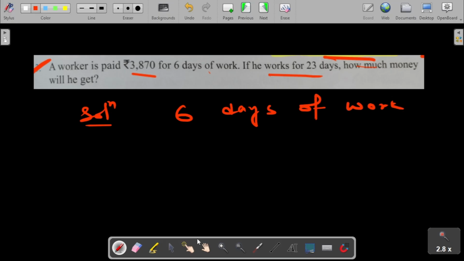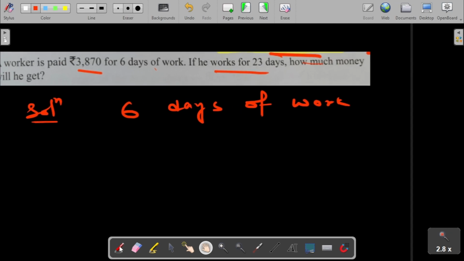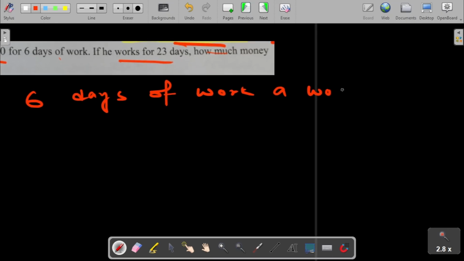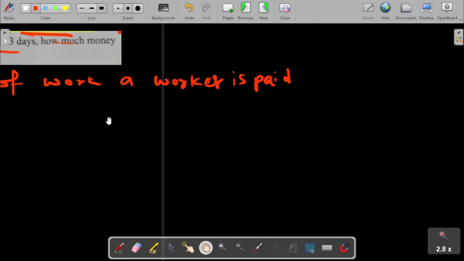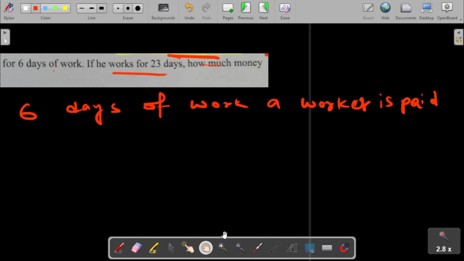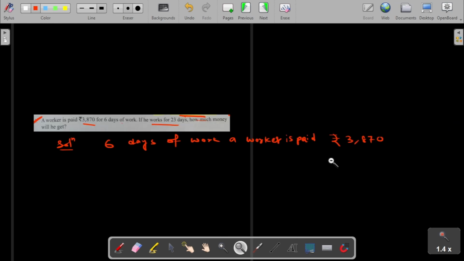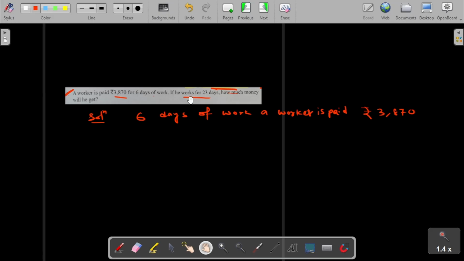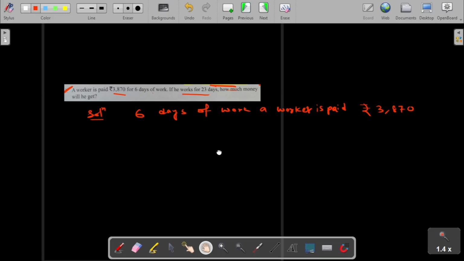A worker is paid how many rupees? 3870. ওকে, তাহলে 6 দিন কাজ করার জন্য সে কত টাকা পেইড করতে থাকে? 3,870. এবার দেখো নেক্সট, if he works 23 days, so how much money will he get?